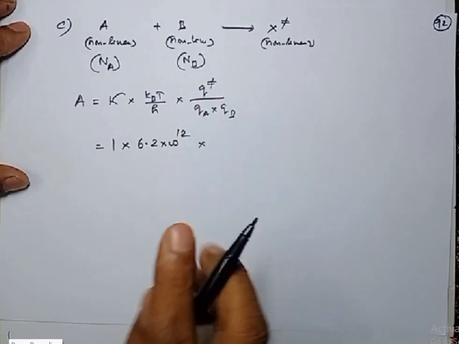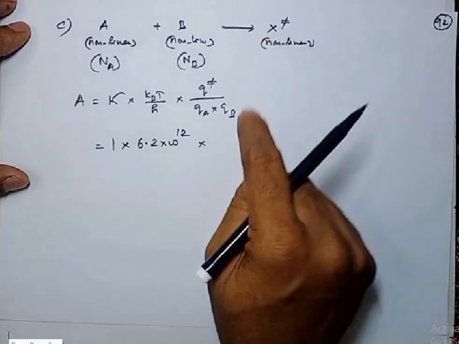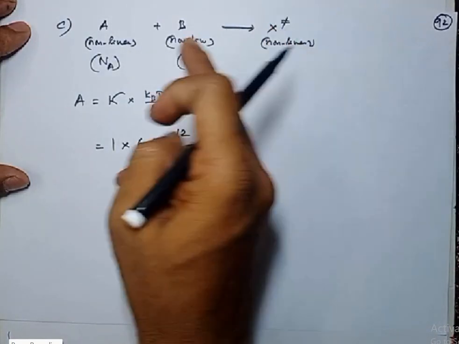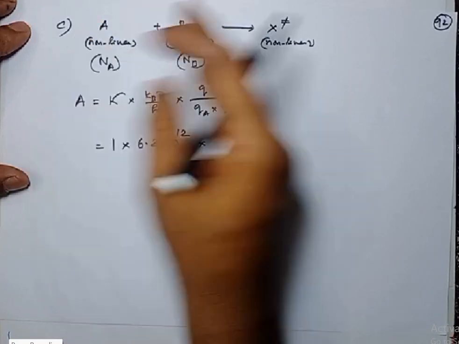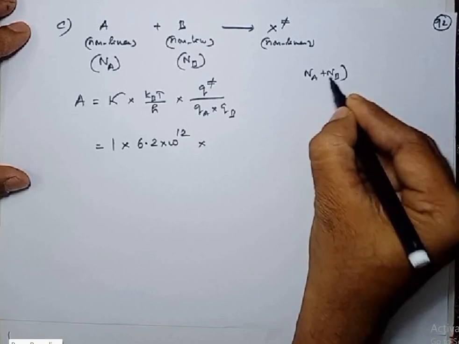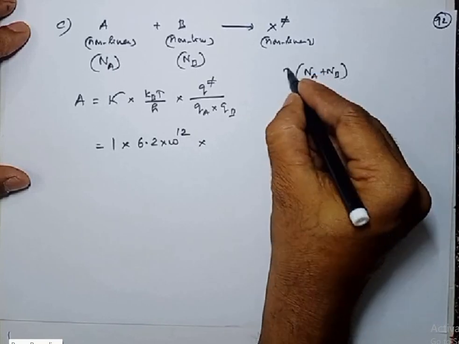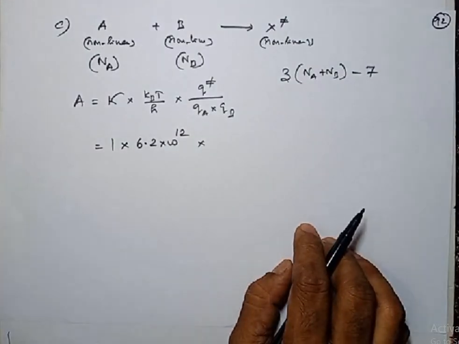Q double dagger, observe carefully. Now it is an activated complex, non-linear. How many atoms are there? Listen, here I have Na atoms, here I have Nb atoms. So they combine and form Na plus Nb. This is the total number of atoms. Multiply this by 3 minus 7. Are you able to follow?